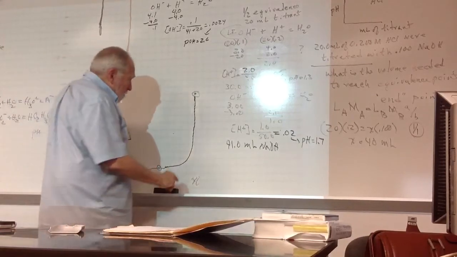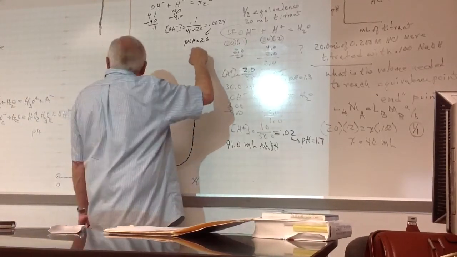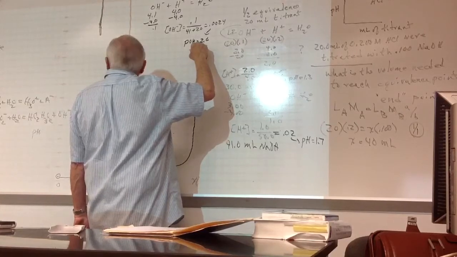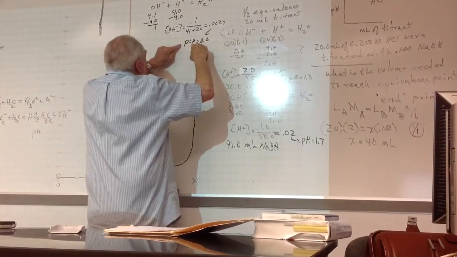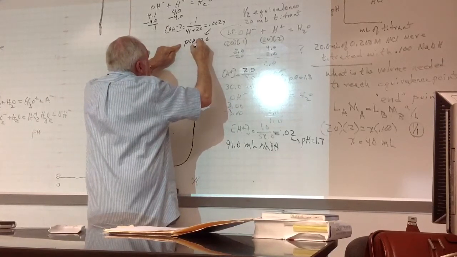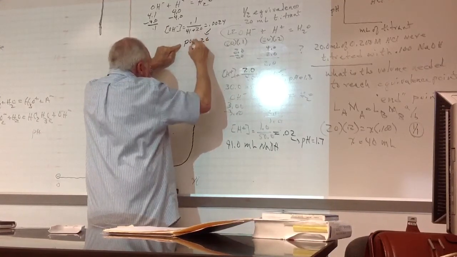So I'm at 41 milliliters, which is right next to this line, and it's 11.4. There's my 11. Cross it. So it's right about here somewhere where I wrote my number.